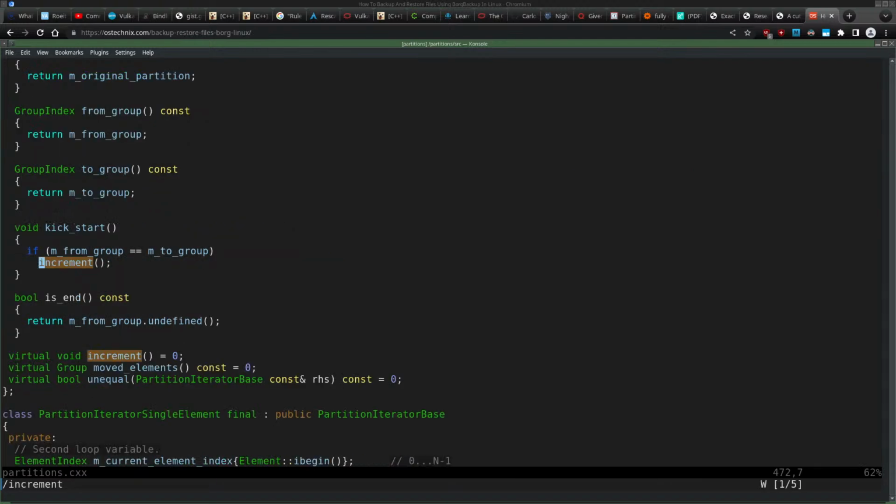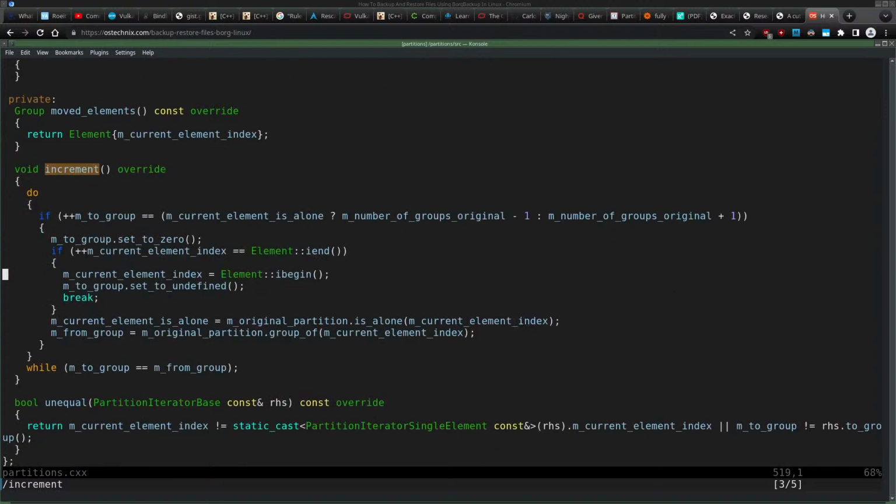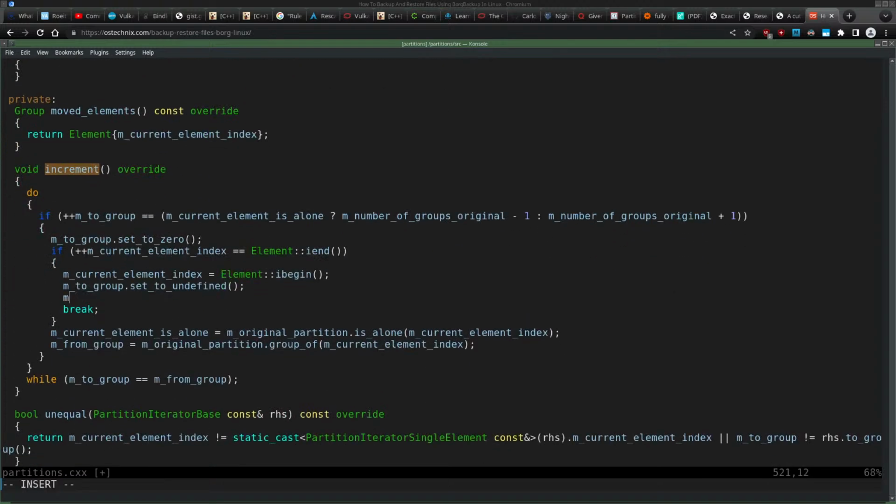It is an increment of this partition iterator single element, and then when we get to undefined here, we also have to set the from group. That's the correct way to make it an AND operator.